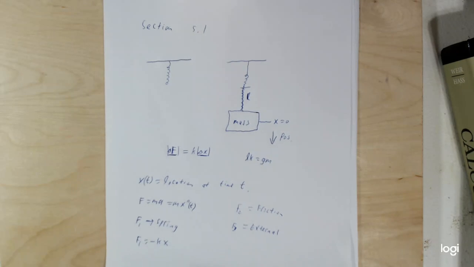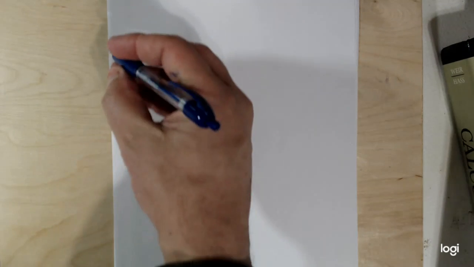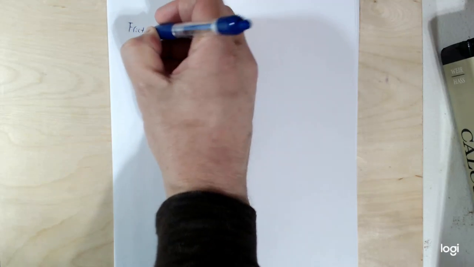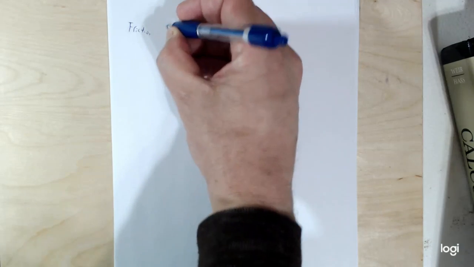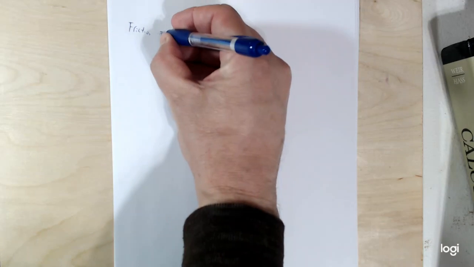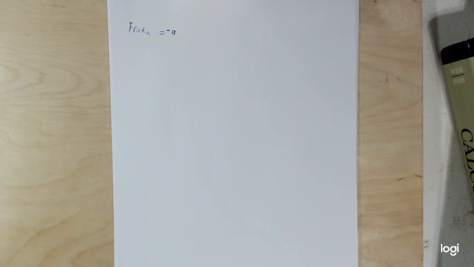Okay, so let's think about what those two terms are. Friction always moves against the direction of motion. And so that's going to be some constant. And we have to think, well, friction depends not on where you are, but on how fast you're moving.